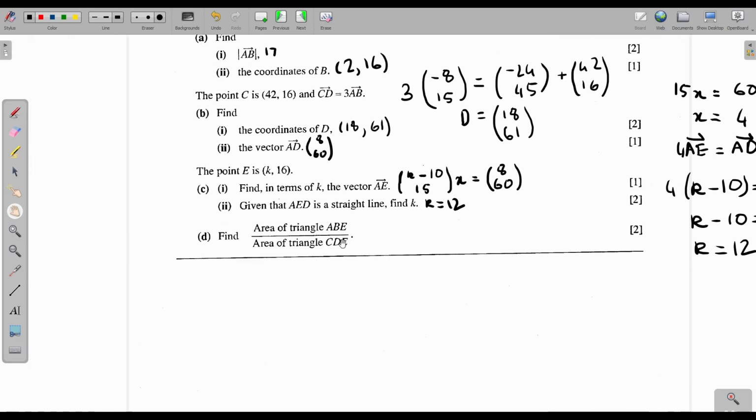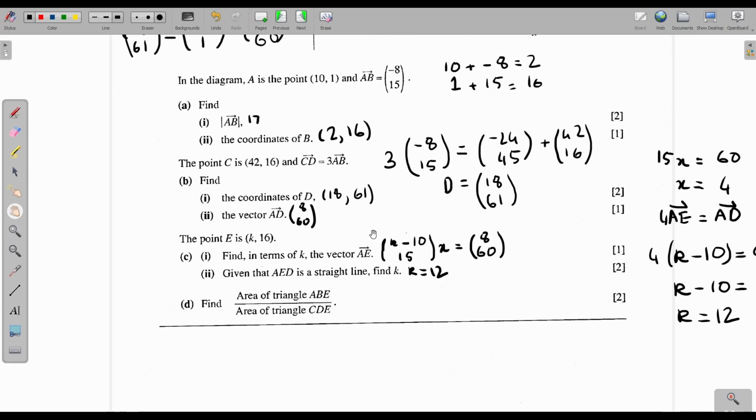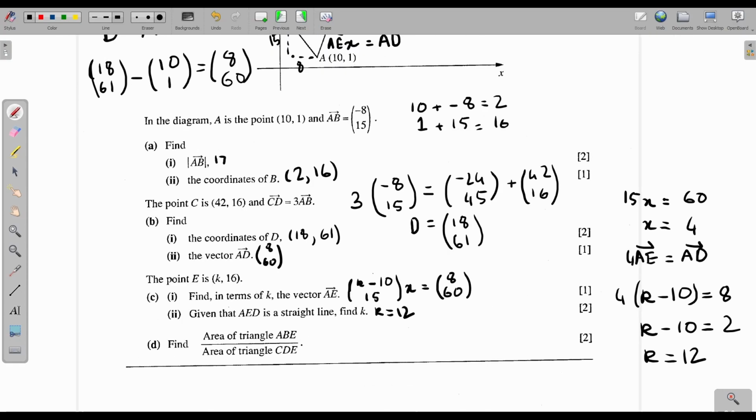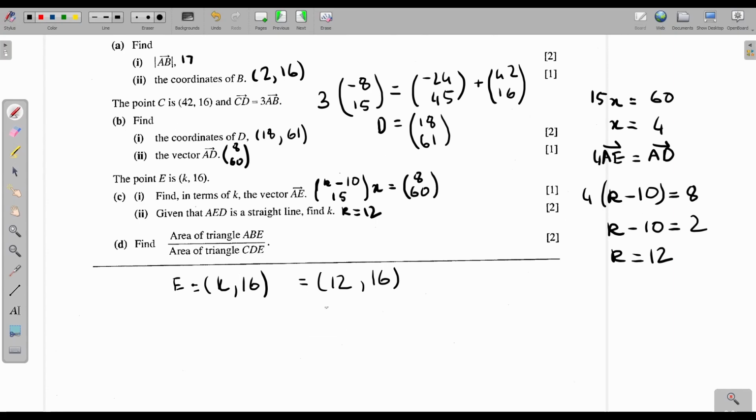All right, now we need to find the ratio of the area of triangle ABE to the area of triangle CDE. So E was K and 16, and we found out that K is 12. So that makes it 12 and 16, and B was 2 and 16.